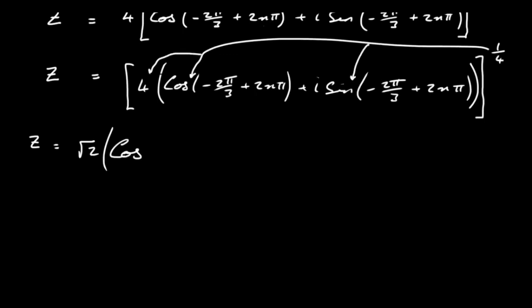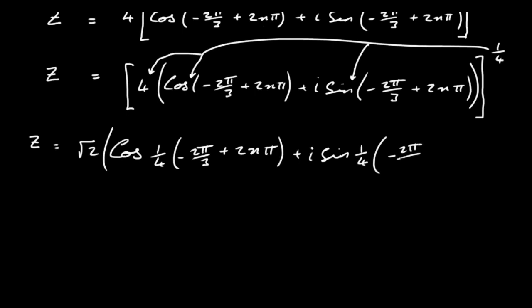We've already done the 4 to the power of a quarter, so let's write that in. So we've got cos of a quarter times minus 2 pi over 3 plus 2n pi, plus i sine of a quarter times minus 2 pi over 3 plus 2n pi. Okay, so I think that's it.